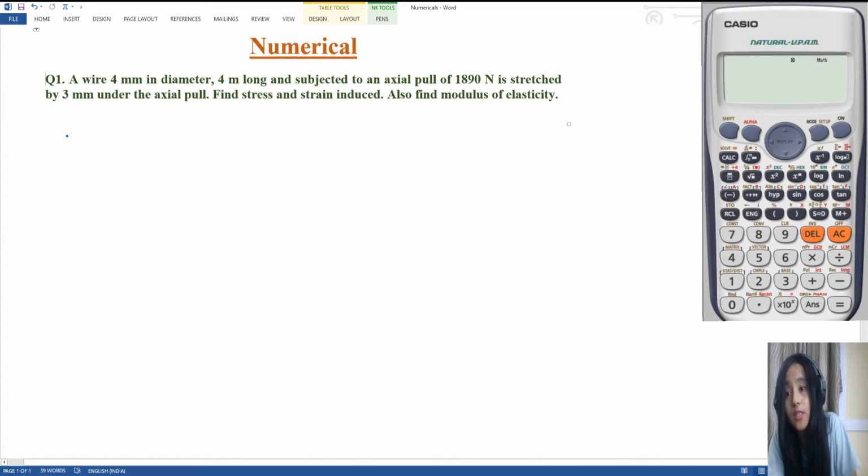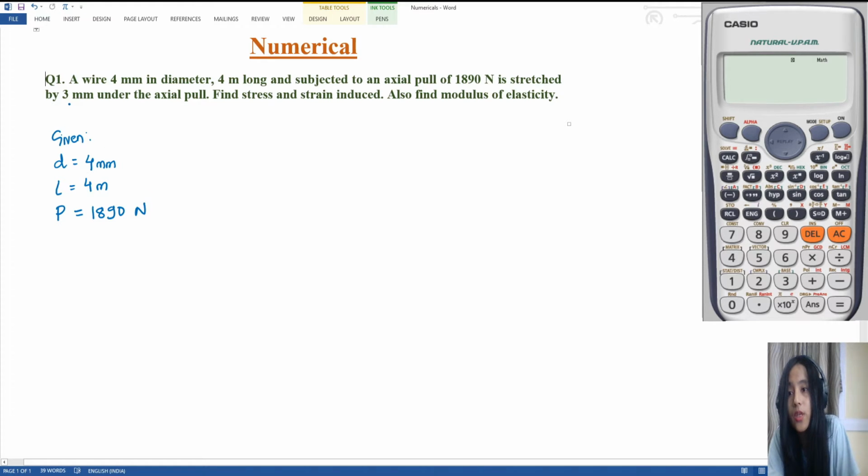So first let us write down the givens. From the question, a wire is given, its diameter D is given equal to 4 mm, right? And its length L is given 4 meter long and subjected to axial pull of 1890. So its axial pull P, or the force P, is given equal to 1890 Newton and is stretched by 3 mm under the axial pull.